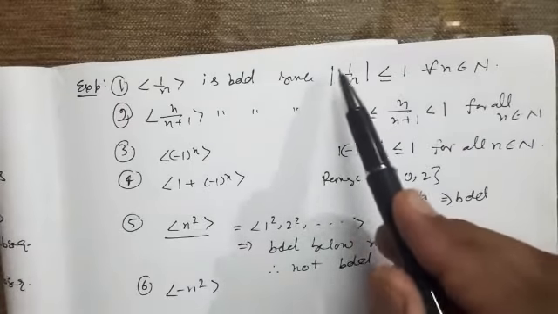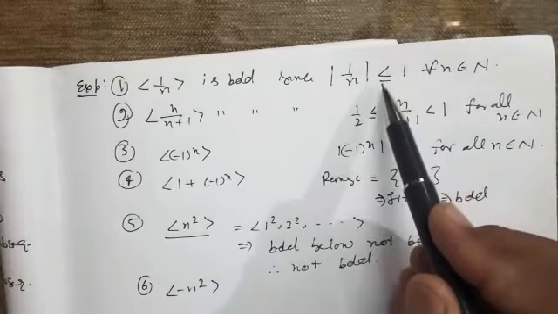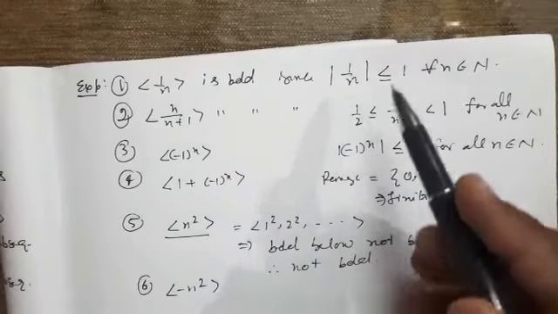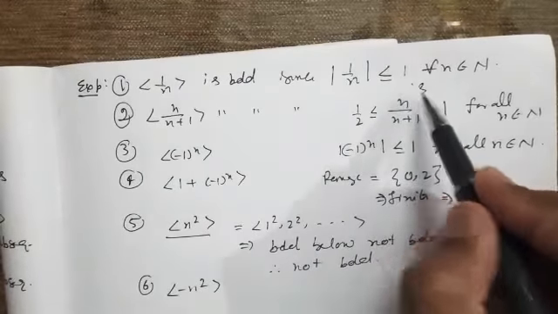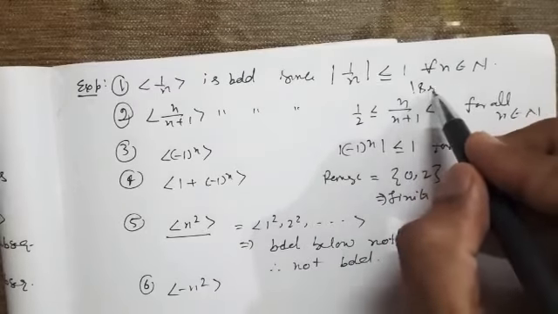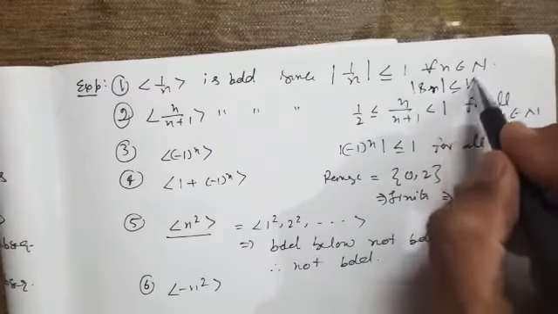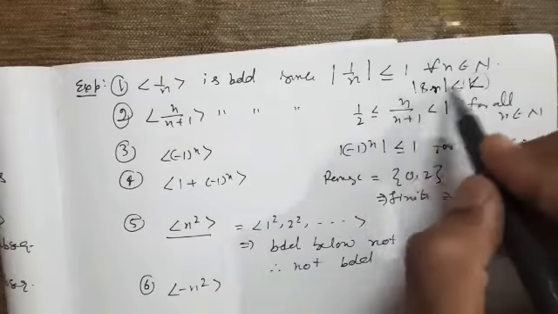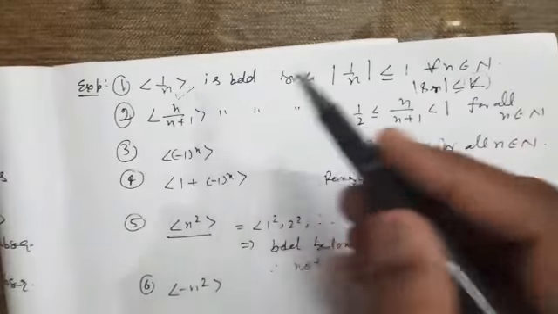The whole term of 1 by n is always less than or equal to 1. So with this definition, less than or equal to k, where k is positive, 1 by n is a bounded sequence.